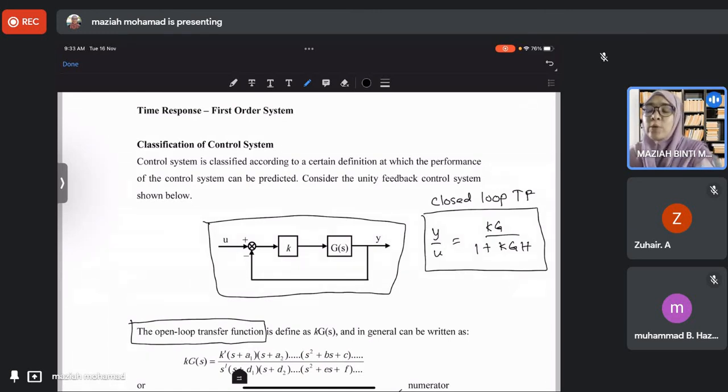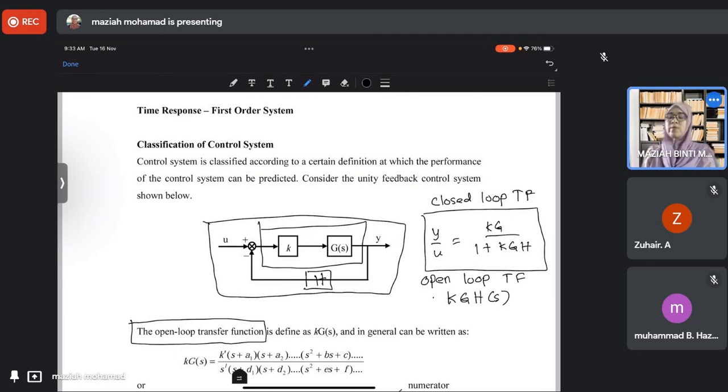So how do we get the open loop transfer function? You multiply the feed forward path with the feedback gain, here we have H. We don't call it Y over U. The open loop transfer function is just K multiplied with G multiplied with H in Laplace form.